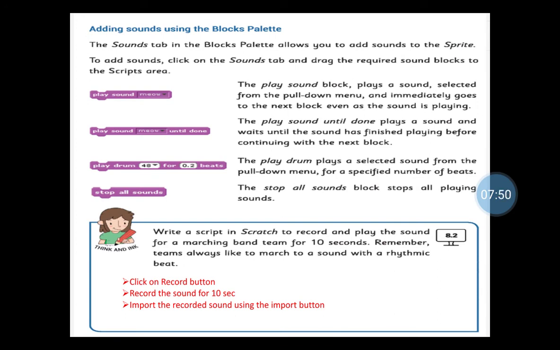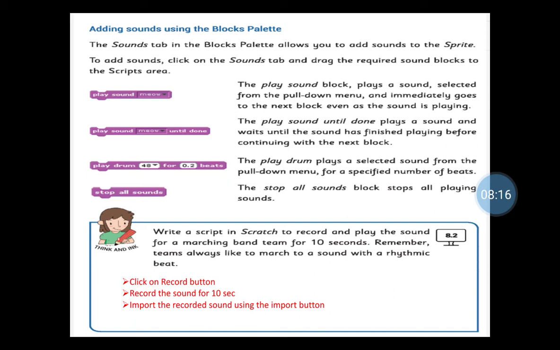Next one is adding sounds using the block palettes. So here you have added the sounds, but how do you write the script? If you want to write the script, you need some block palettes, right? So here some sound block palettes are also there. See here, the sound tab in the block palette allows you to add sounds to the sprite.